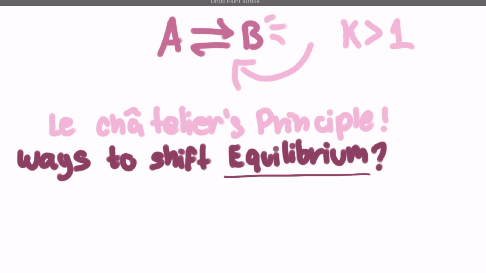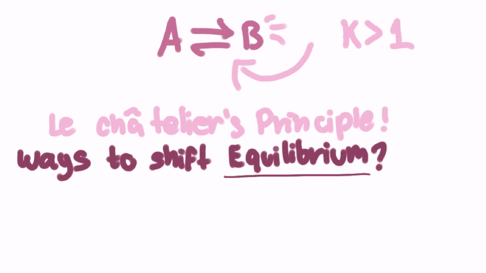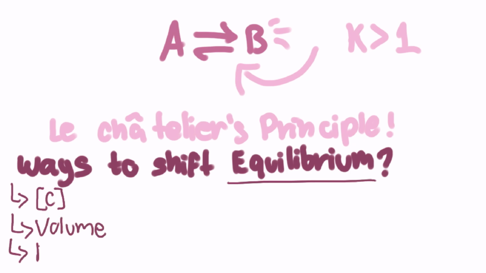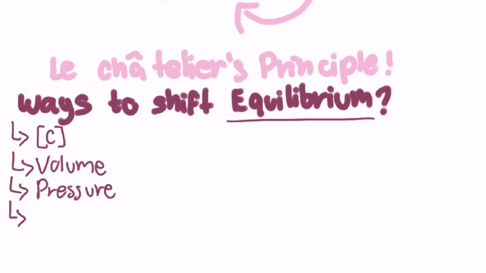We are talking about the equilibrium system, or equilibria with an A. Now, we can change the equilibrium by manipulating concentrations, by changing volume, pressure, by adding a catalyst, or by changing temperature.